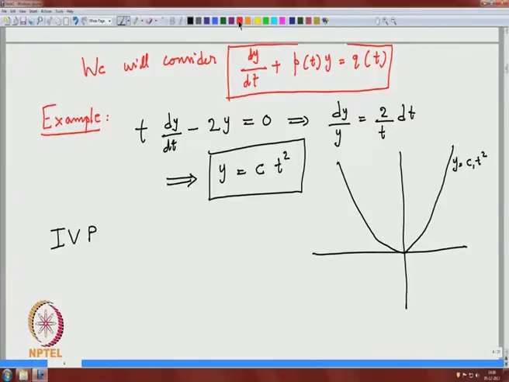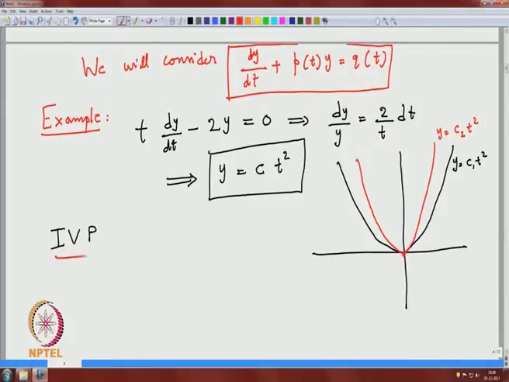If you choose another one, you will have another parabola. It may not look like a parabola, but it is a parabola. Mathematicians can anyway imagine a parabola, so that is not a problem. You see, all these trajectories pass through the origin.